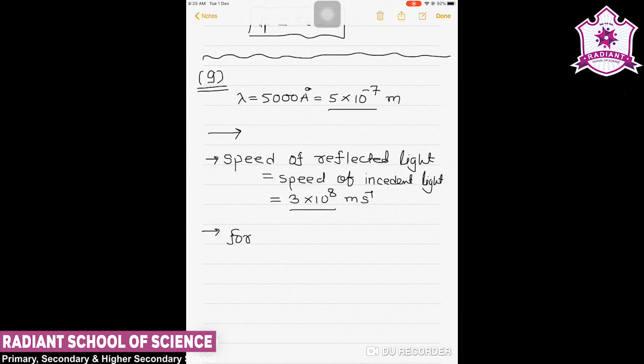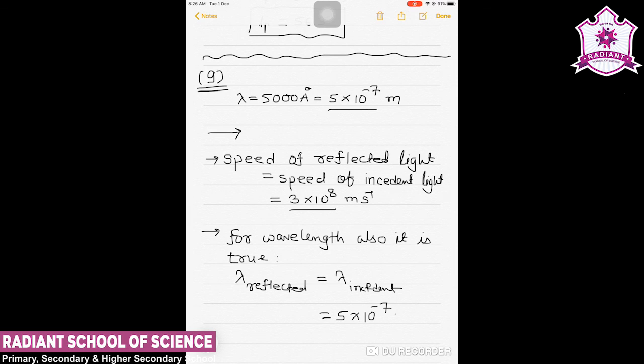For the reflection, lambda reflected will be equal to lambda incident, and that is given as 5000 angstrom, that is 5 into 10 raised to minus 7 meter. So these two pieces of information are given or we have considered.